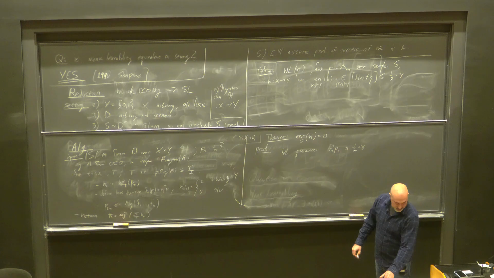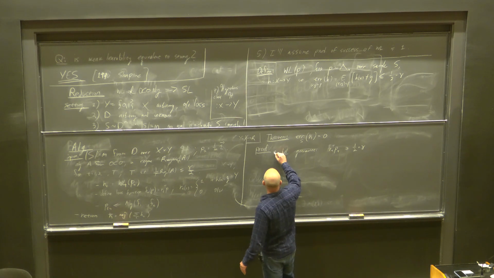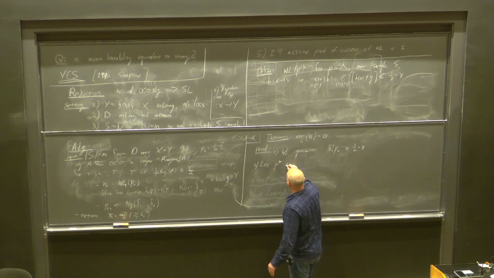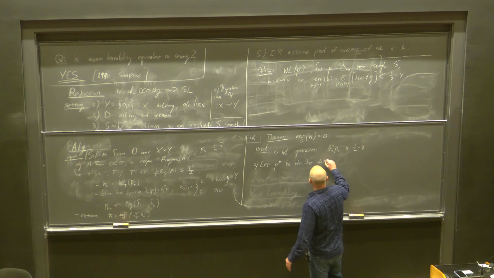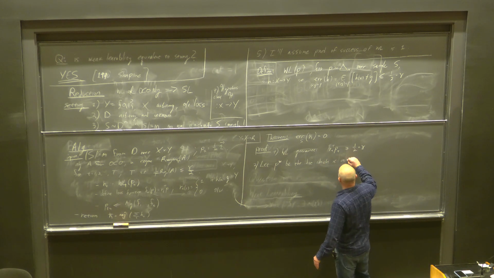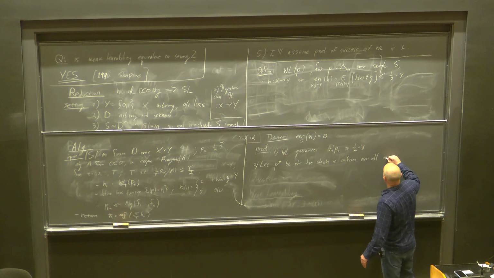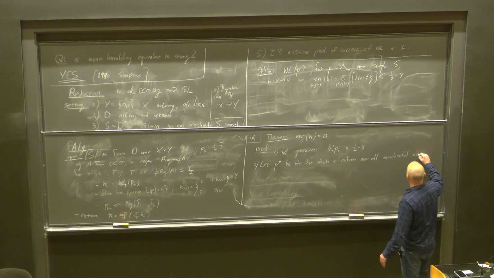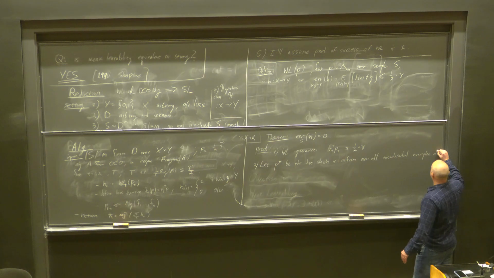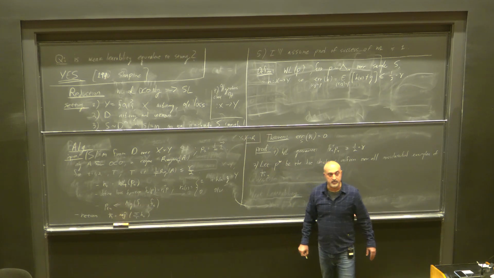So let's look at the average reward. Oh, let me define, so this is 1. 2, let P star be the distribution which is uniform over all misclassified examples of H bar, the final hypothesis I return.